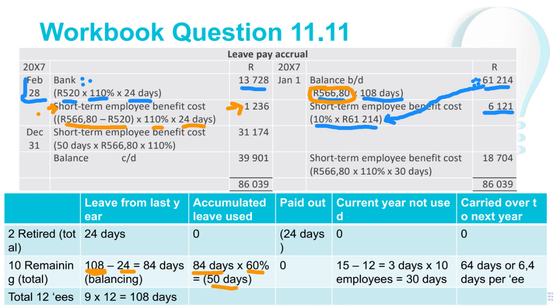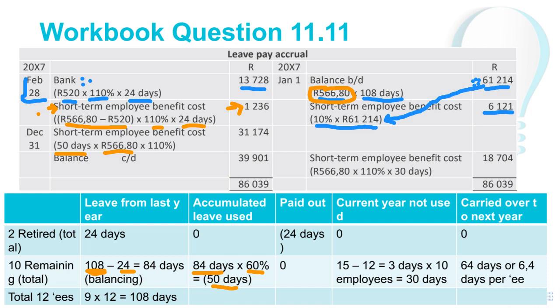So we now need to account for those 50 days being used up. Why? Because we no more are owing those 50 days. The person has taken the 50 days, so we don't owe anyone those days anymore. As a result, we have 50 days times 566.